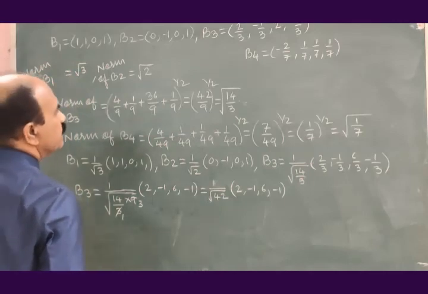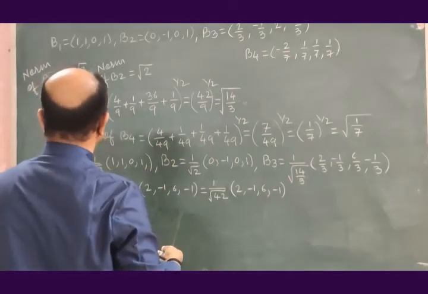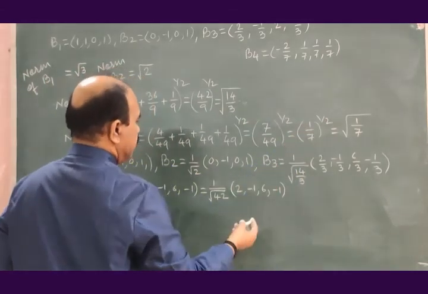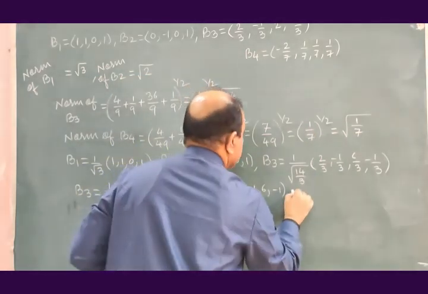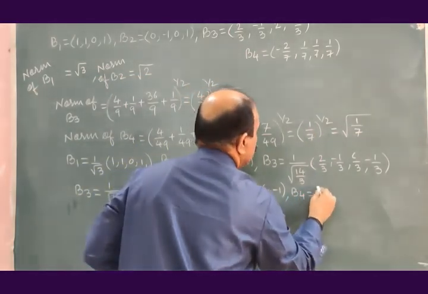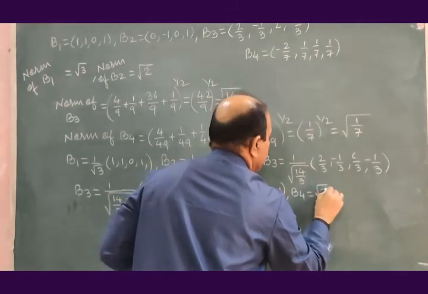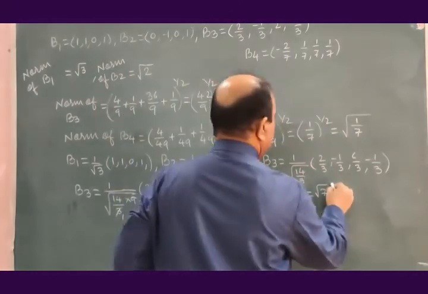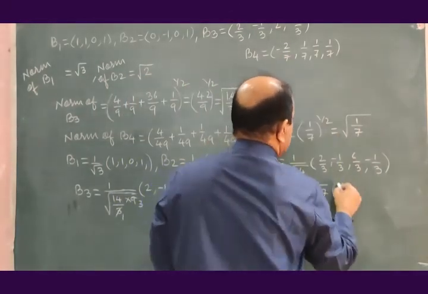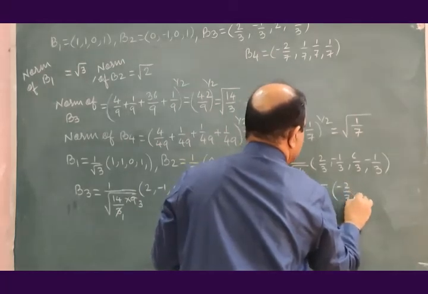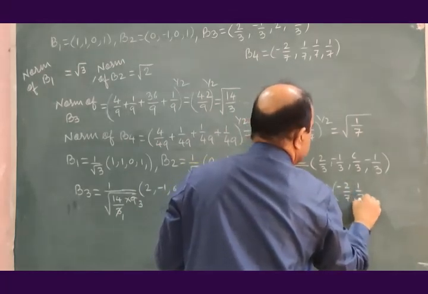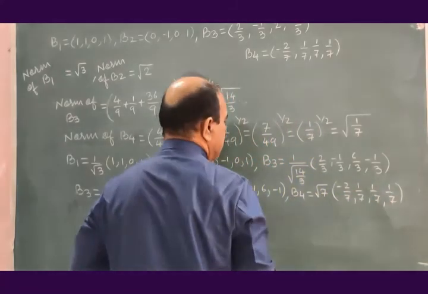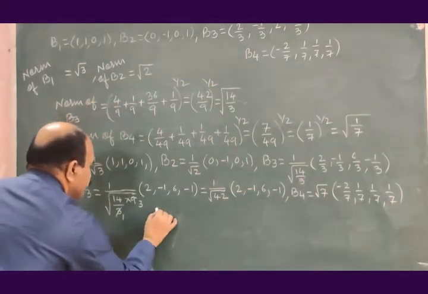And what is left now is B4. For B4, we have to take this thing, and the norm of B4 is this one, and so B4 is equal to 1 divided by square root of 1 by 7, which is simply square root of 7, into (minus 2 by 7, 1 by 7, 1 by 7, 1 by 7). This 7 can be taken common throughout.